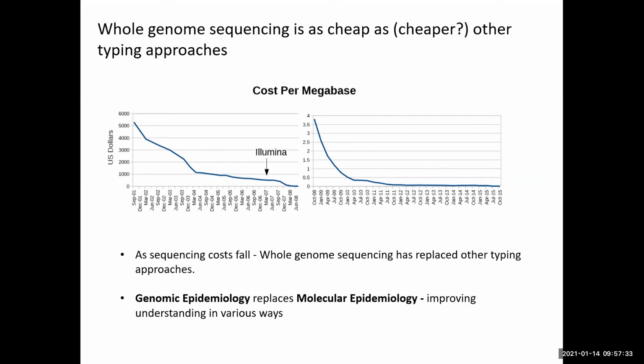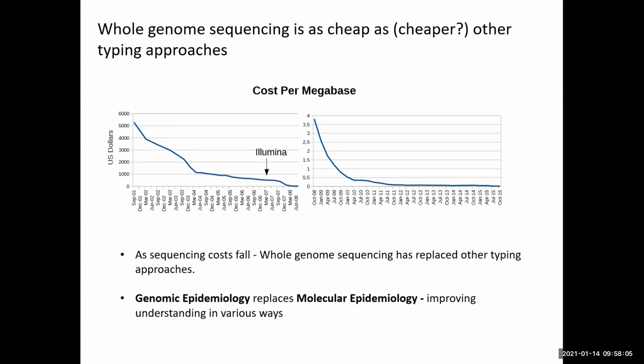Some of the analyses can be the same, and we can still reference data that was collected and publications that use other typing approaches. But now, this world of molecular epidemiology that was based on these older typing approaches has largely been replaced by what we might describe as genomic epidemiology. And that's sequencing the whole genome of our pathogens and comparing the strains.